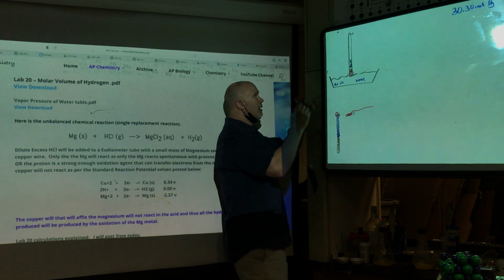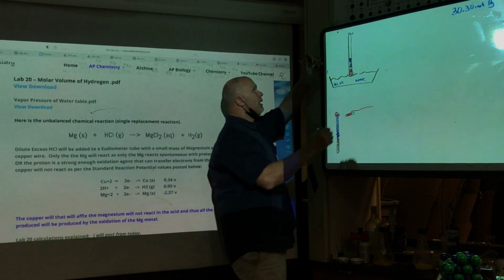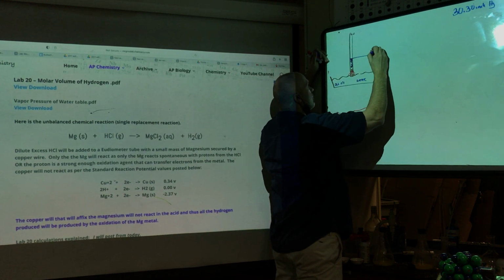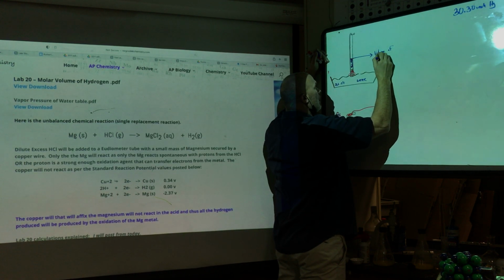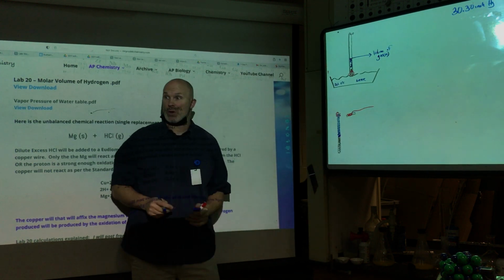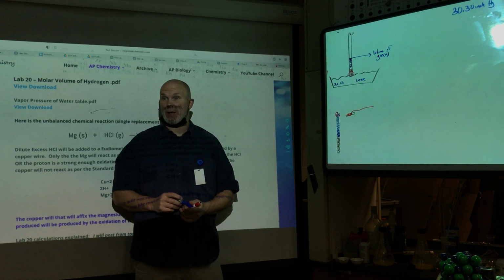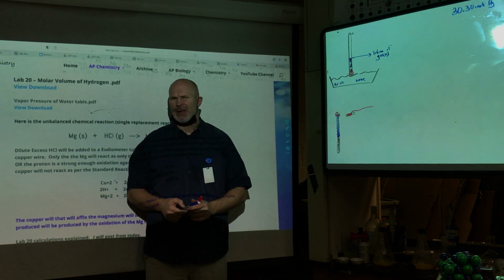Okay, so I've got a couple of things I need here. First and foremost, I need a volume of the gas collected. And I say gas, but it's gases because we know every time we collect over water, we're getting water vapor. So I need that volume, okay? And that should be to, I think, the hundredths place.